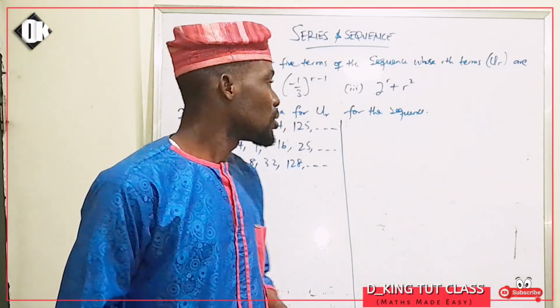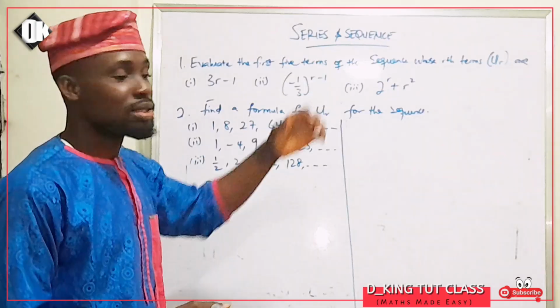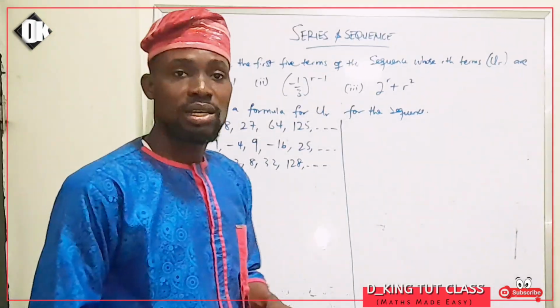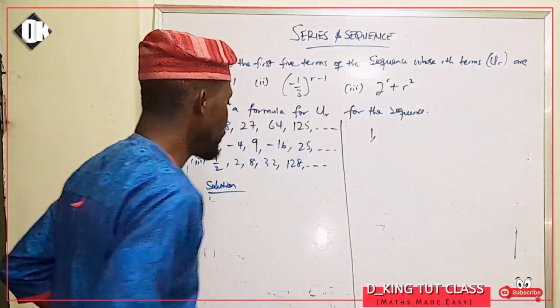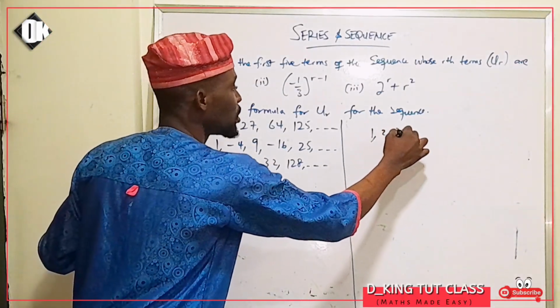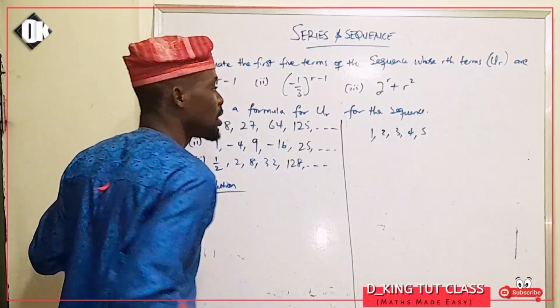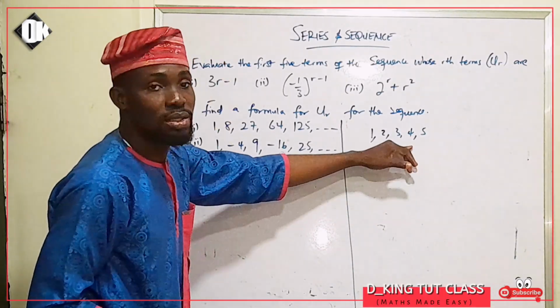Now, one thing you need to know about series and sequence is the difference between them. In a sequence, numbers are separated by commas, and in a series, by plus signs. So if I give you 1, 2, 3, 4, 5, this is a sequence, majorly because it's separated with commas.